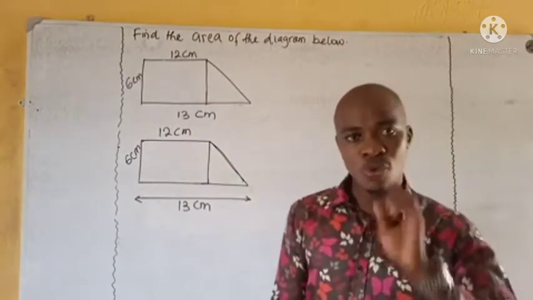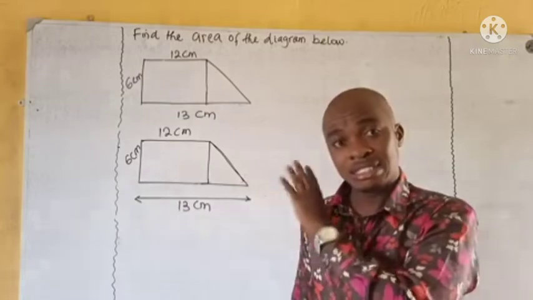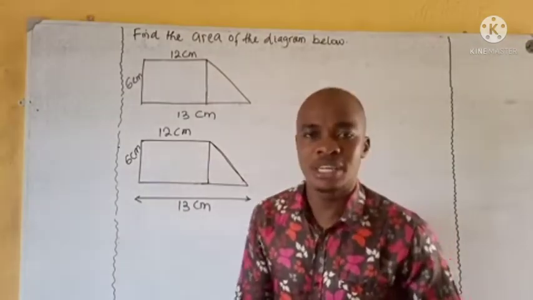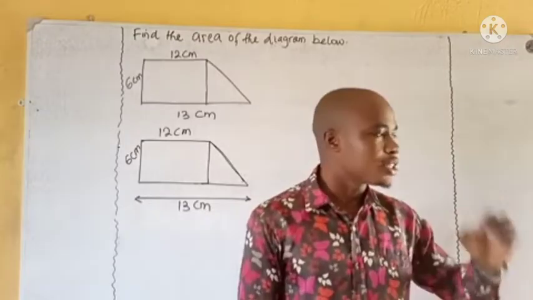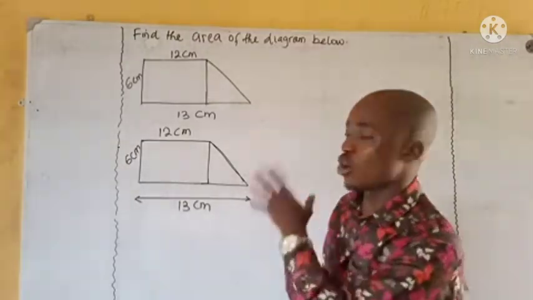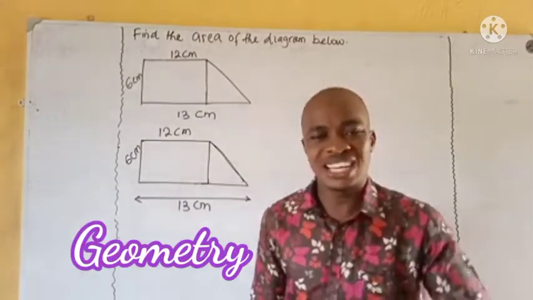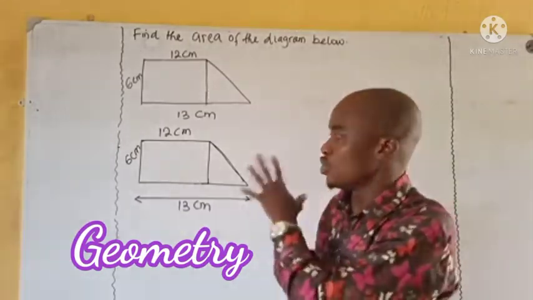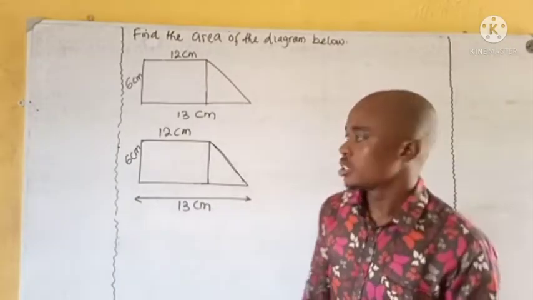Actually, I told you in one of my videos that anytime you have a diagram like this in mathematics, that is telling us we are coming from geometry, an aspect of mathematics that deals with shapes.